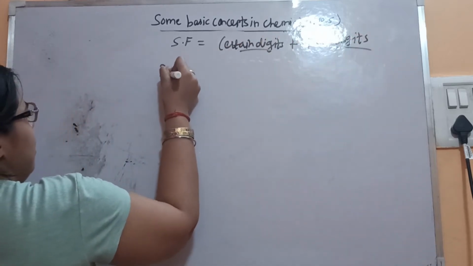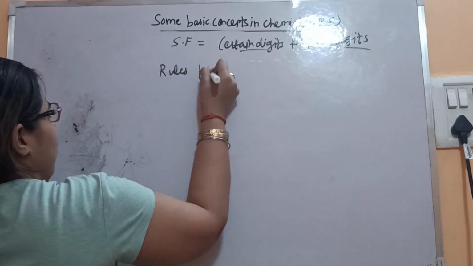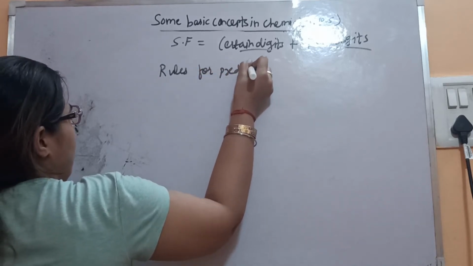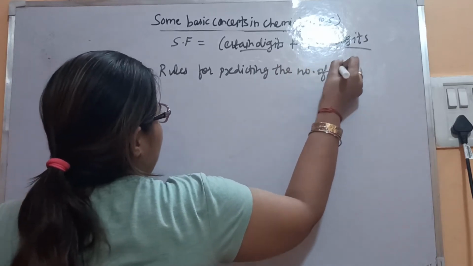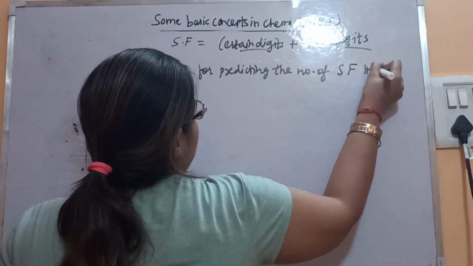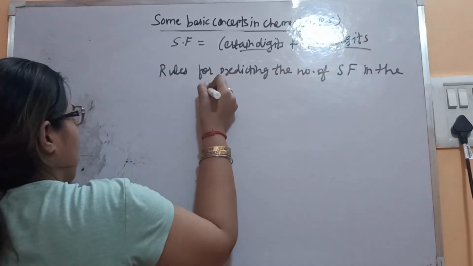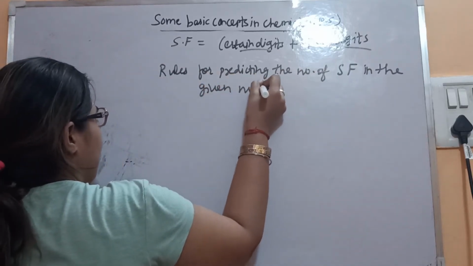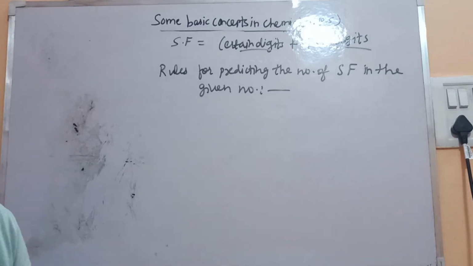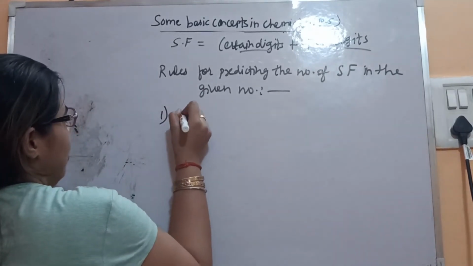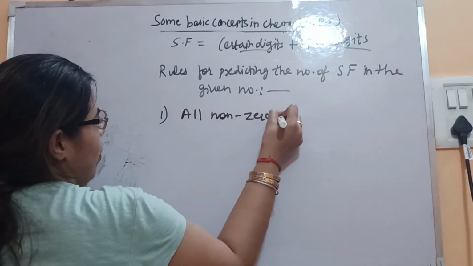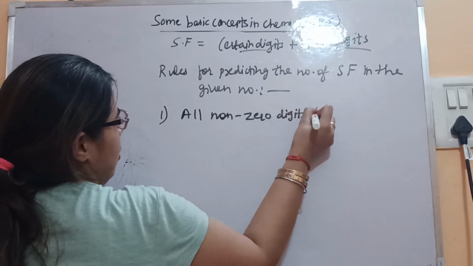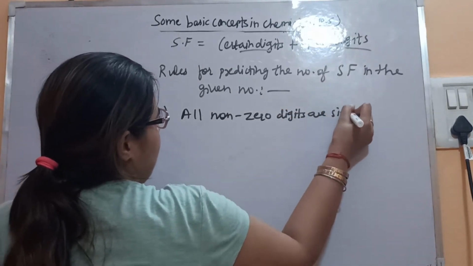Now, rules for predicting the number of significant figures in a given number. The first rule is as follows: all non-zero digits are significant.